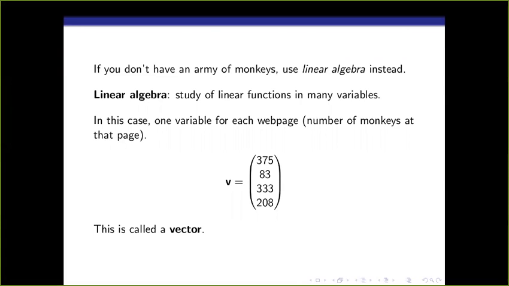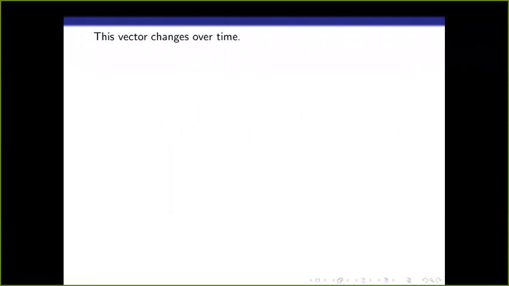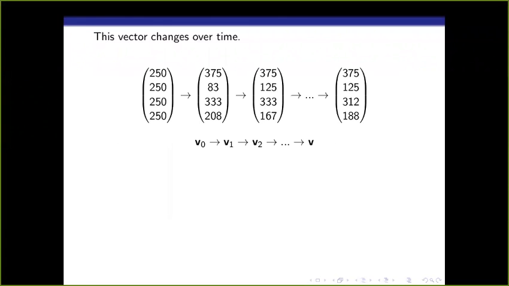One thing we do is we organize that list of variables into a single object that's called a vector. That vector lists how many monkeys you have on each web page. And then the vector changes over time. So we have a function that takes that vector to a new vector and then to a new vector, and it keeps going over and over.